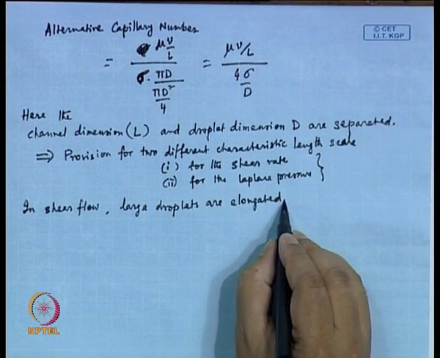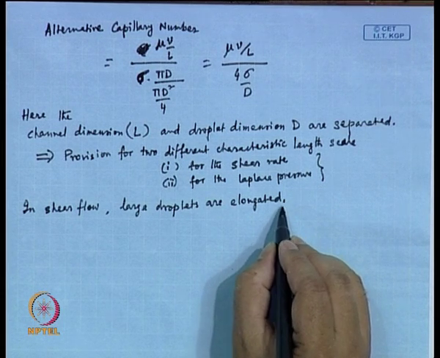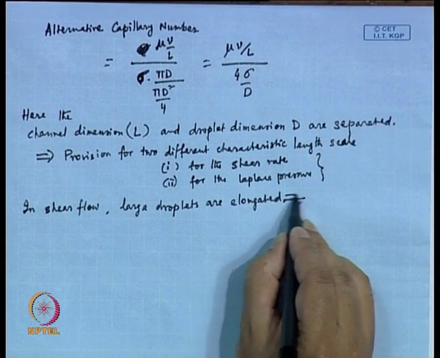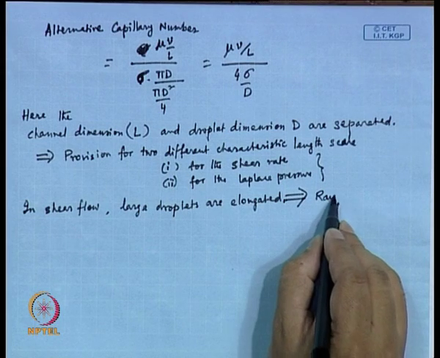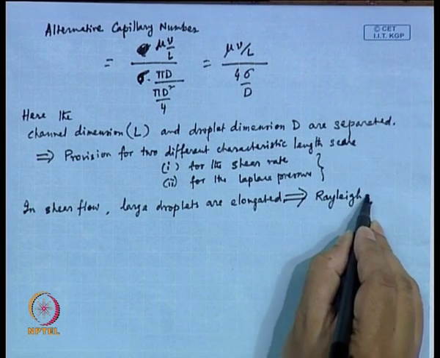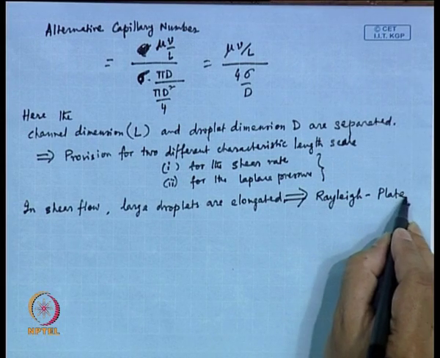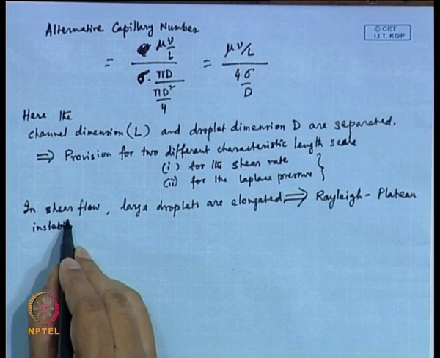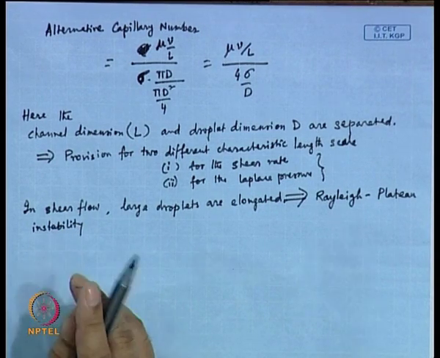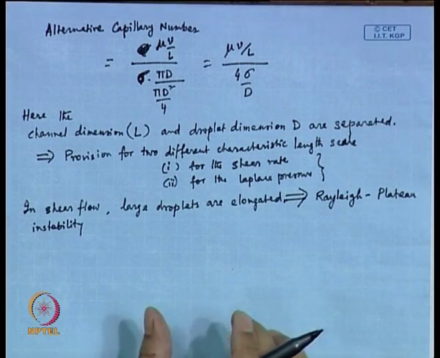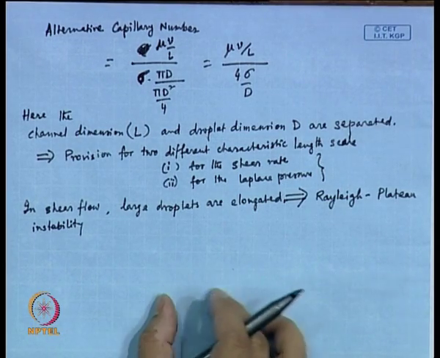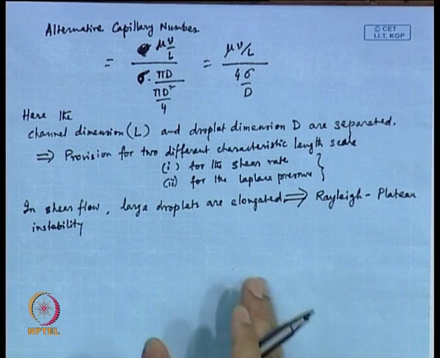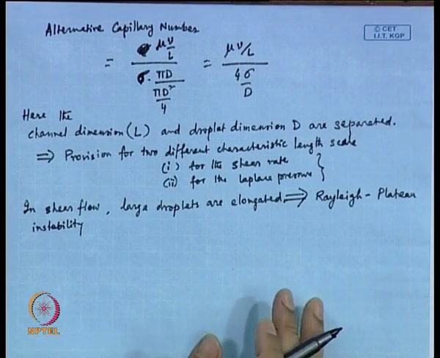So, large droplets are elongated, and when large droplets are elongated, that means they will undergo Rayleigh-Plateau instability that we have talked about in the last class. Moment you stretch, moment you have an immiscible cylinder, that cylinder will break into smaller droplets because of certain instability.